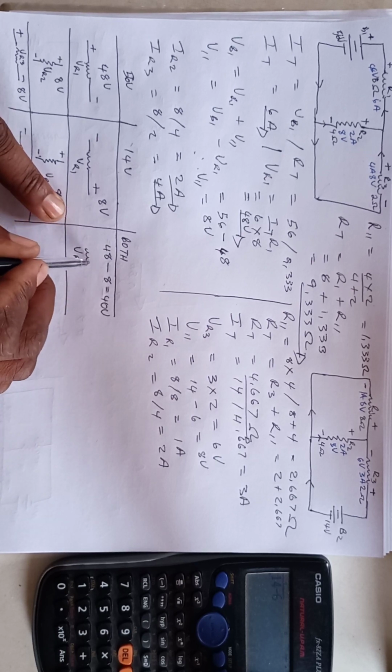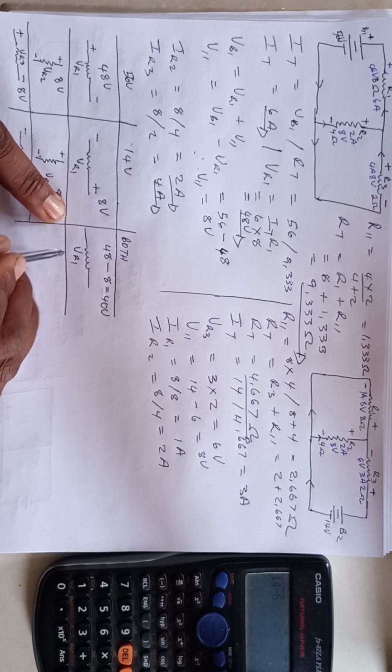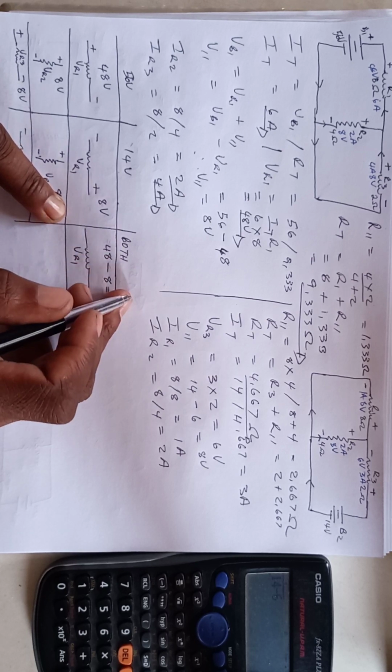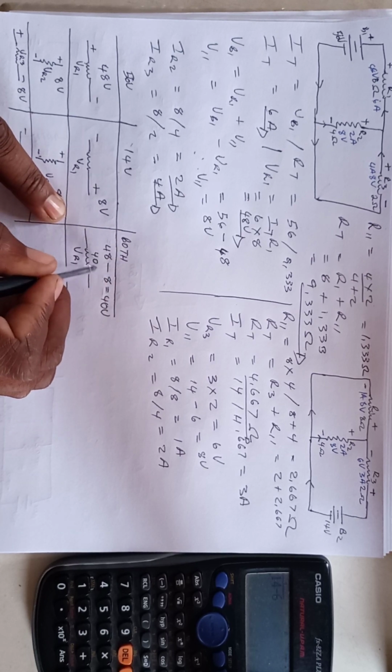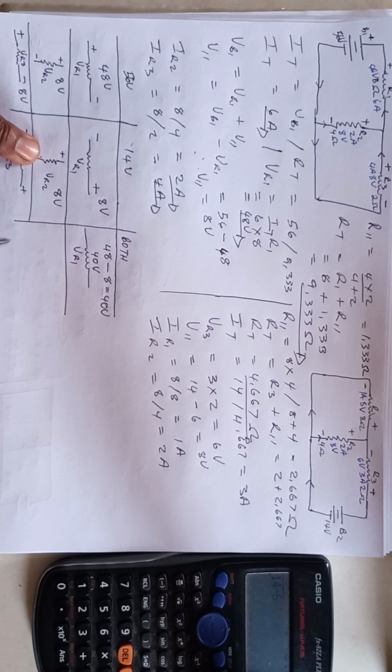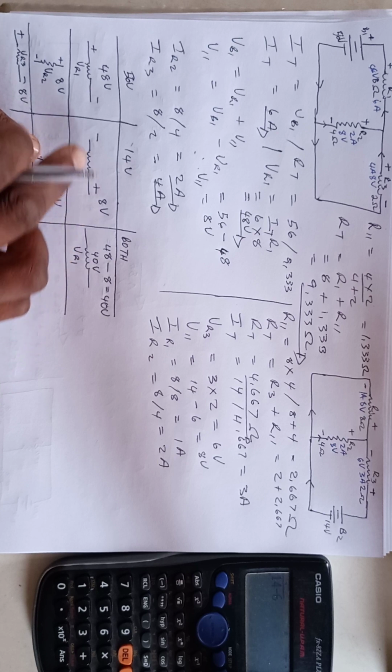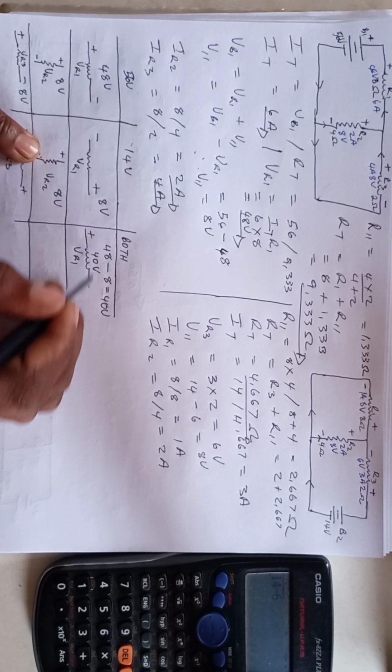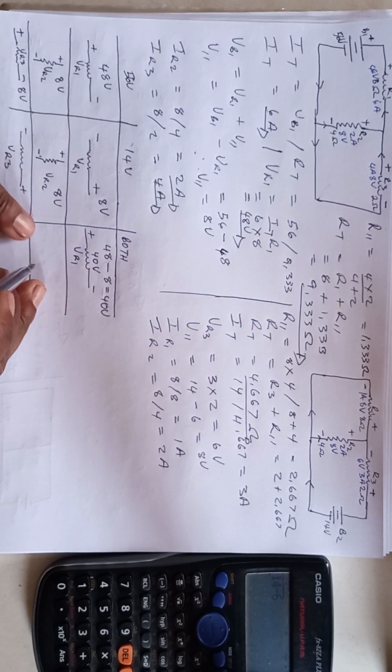So now we know that VR1, when we're using both cells, is 40 volts. Now let us come to the polarity. We keep the polarity of the bigger one.